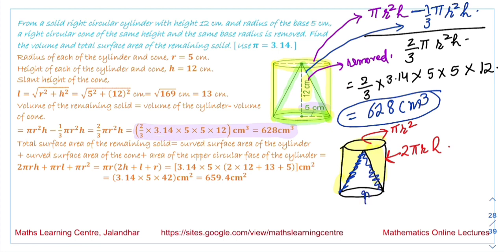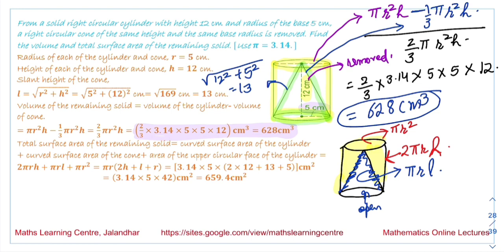This is open from this side, so that area is equal to pi r l. The value of L will be the square root of 12 square plus 5 square, and on solving this we get 13. So the value of L is 13.